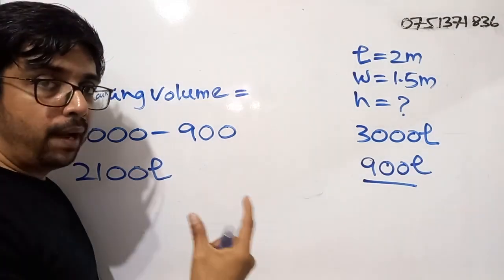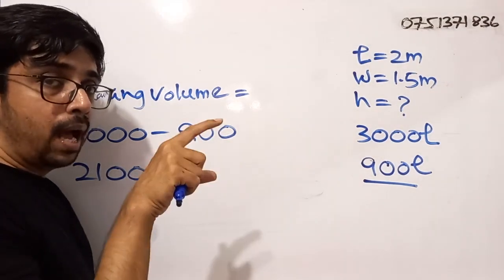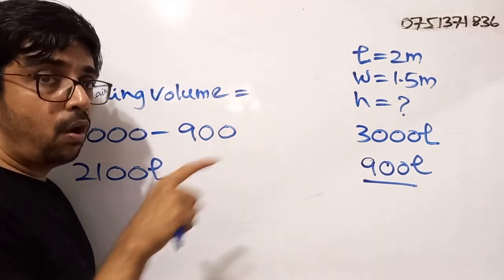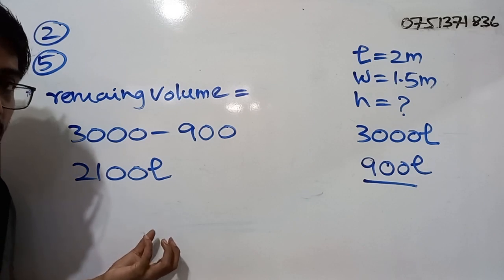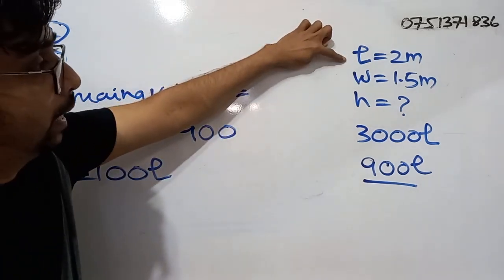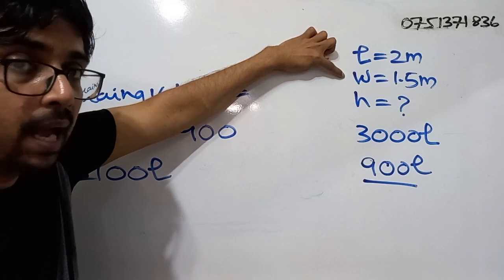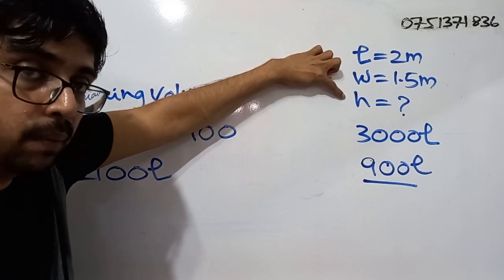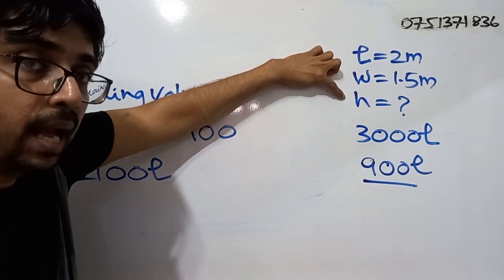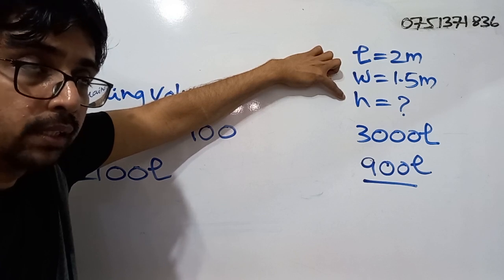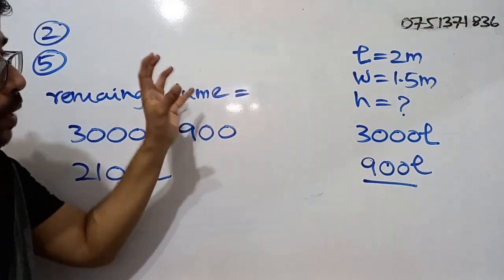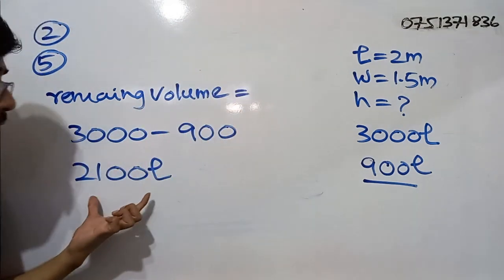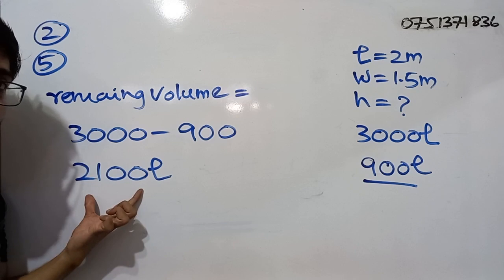So what do we need to find? We need to find the height of the remaining water. We can consider the volume of the remaining water. So the length and the width will be the same. The only difference is what? We don't know the height of the remaining water level, right? So we can equate that to the remaining volume of water.